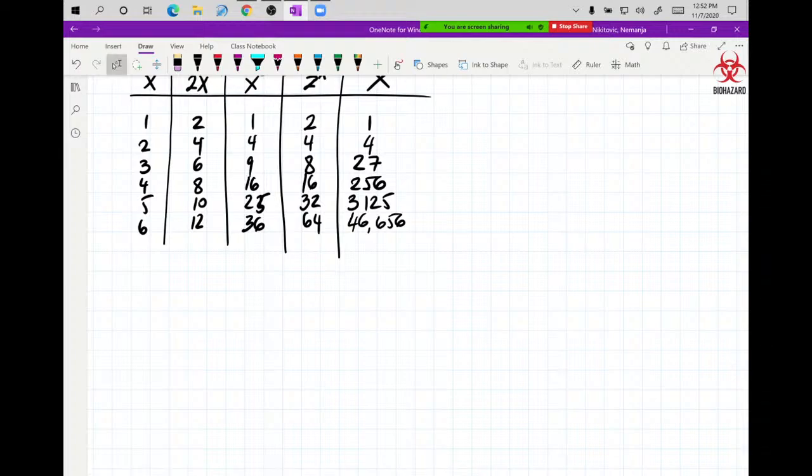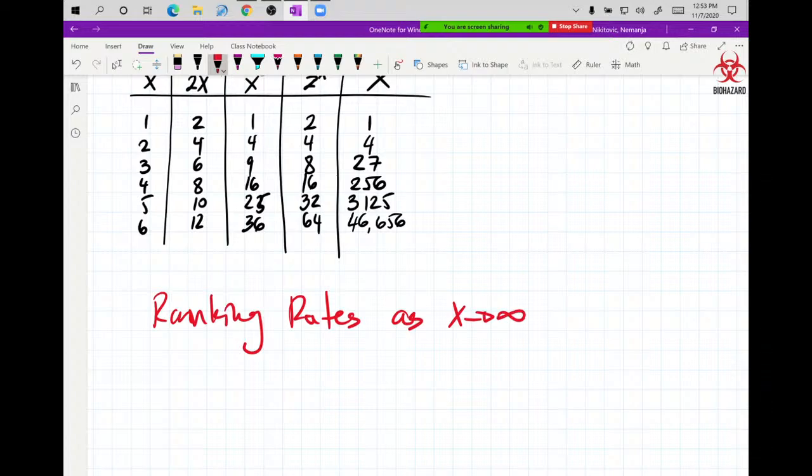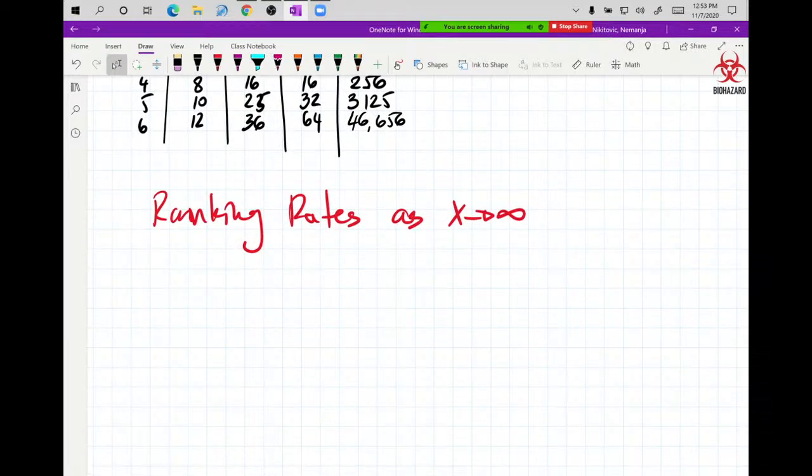So we have the ranking of rates as x goes to infinity. And the ranking goes like this. ln is slow. Faster than ln is any polynomial. Faster than that is ln times this x to the p.